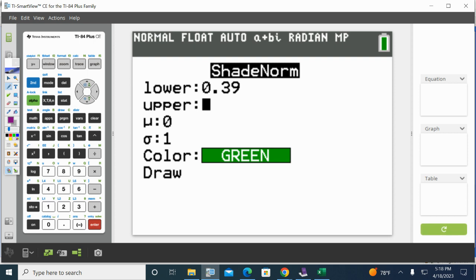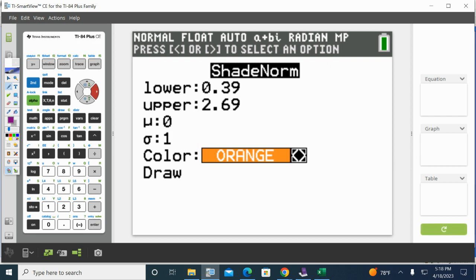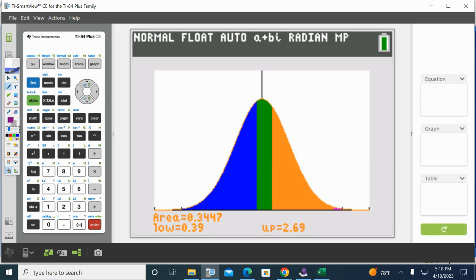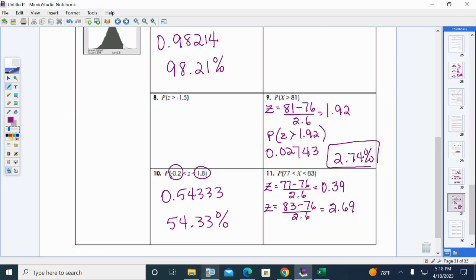The upper boundary was 2.69. And again, I'm going to change my color so you can see exactly what's being shaded here in orange. The 0.3447 is equal to 34.47%.